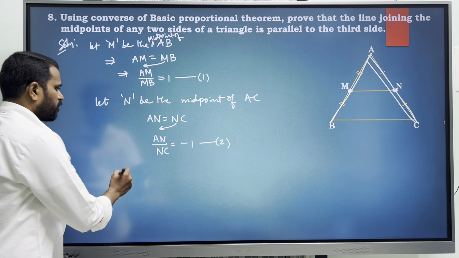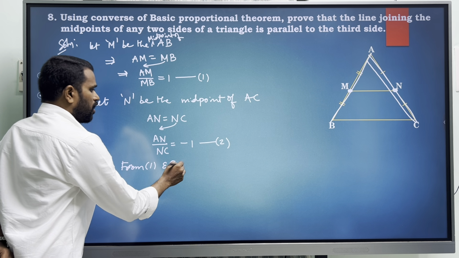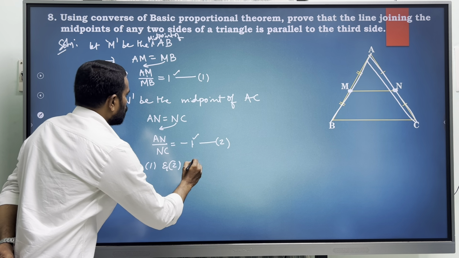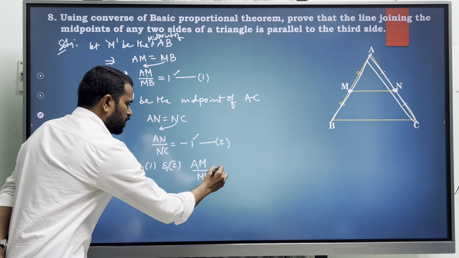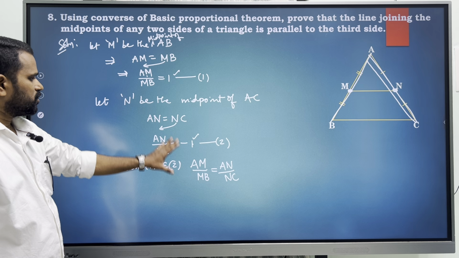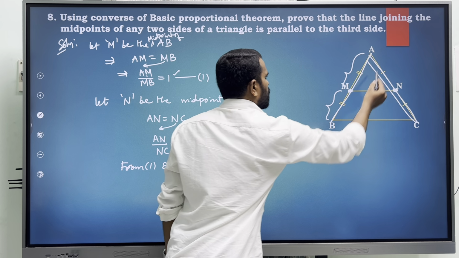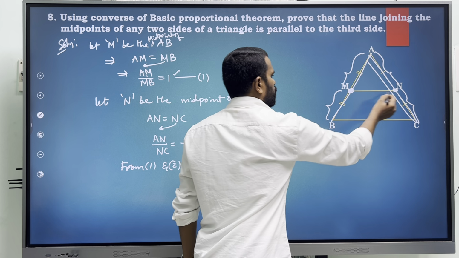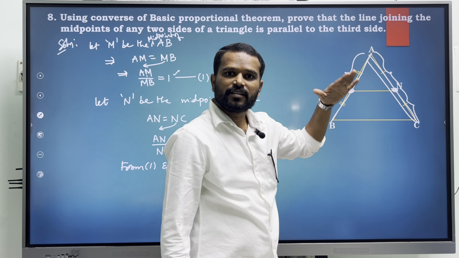From 1 and 2, the RHS is the same, so the LHS should be the same, obviously. So AM by MB equal to AN by NC. Understood? These two distinct points on the two sides are dividing the sides in the same ratio, right?